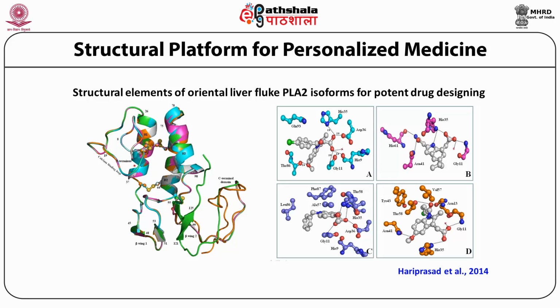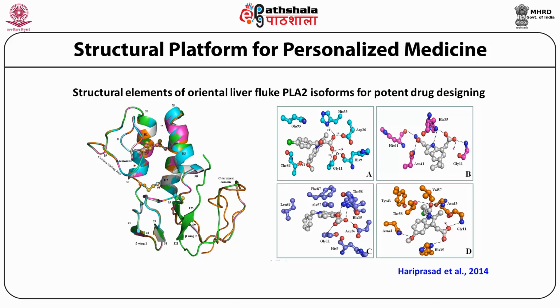Therefore, they could be having different isoforms for the same type or group of enzyme. When there is a slight variation in the sequence or structure of the enzyme, it implies that you need to design different potent molecules that could ably bind to different isoforms in the respective individuals.